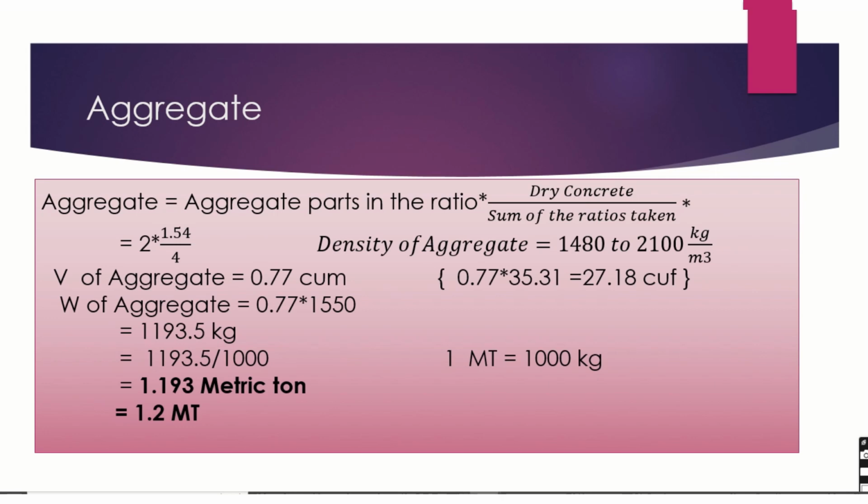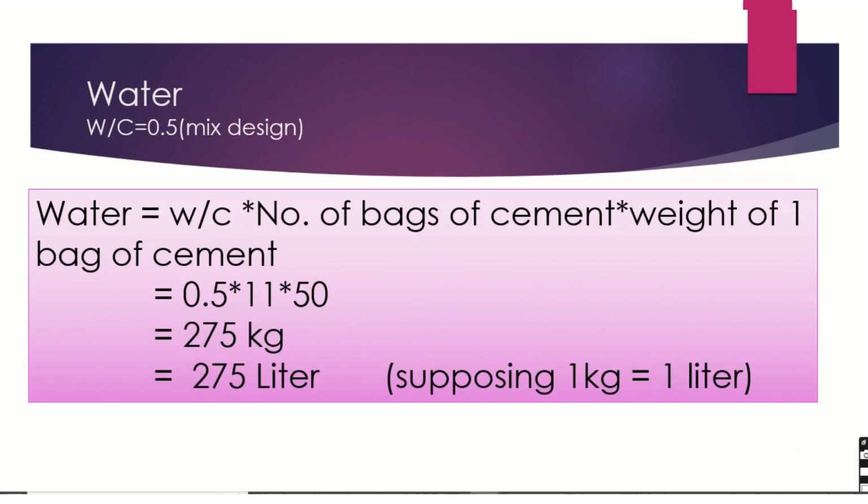Now we are going to calculate the water that is required for 1 meter cube of concrete. We have here a water cement ratio of 0.5.